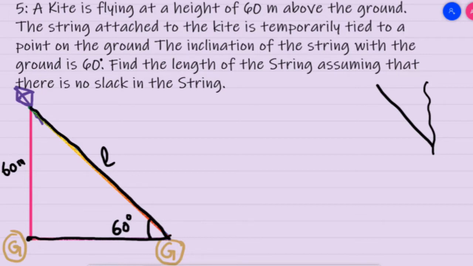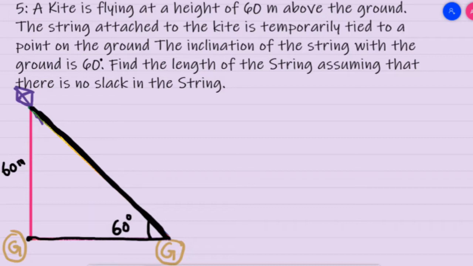It is not slanting, or it doesn't have any slack. It is 100% straight. You have to assume that it is straight like this. So this is the question.